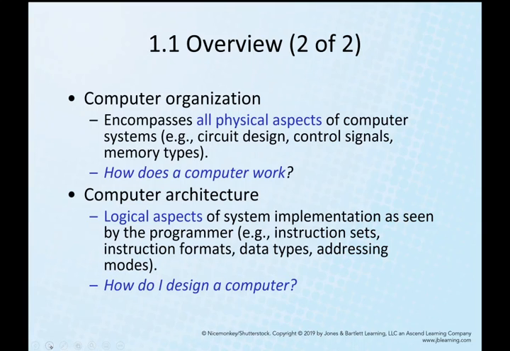Computer organization covers all of the physical aspects of a computer like circuits, control signals, memory, I/O, display, input, mouse, and different types of interfaces and components of the computer. And what we learn in computer organization, we learn how a computer works. So in the computer organization lecture, we will learn how a computer works.